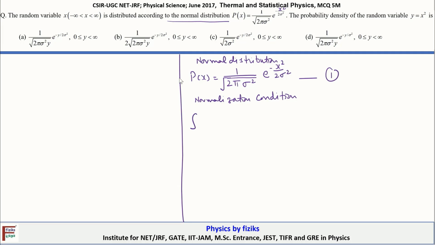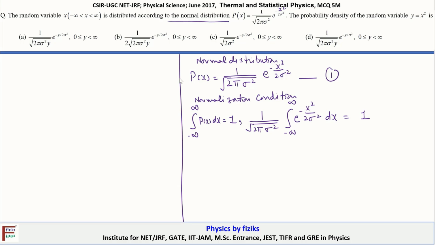So applying the normalization condition means the integral from -infinity to infinity of p(x) dx should be equal to unity. Okay, so we are going to substitute the value of p(x) here. That is 1 upon under root 2 pi sigma square, and then the integral from -infinity to infinity of exponential minus x square upon 2 sigma square dx is equal to unity.